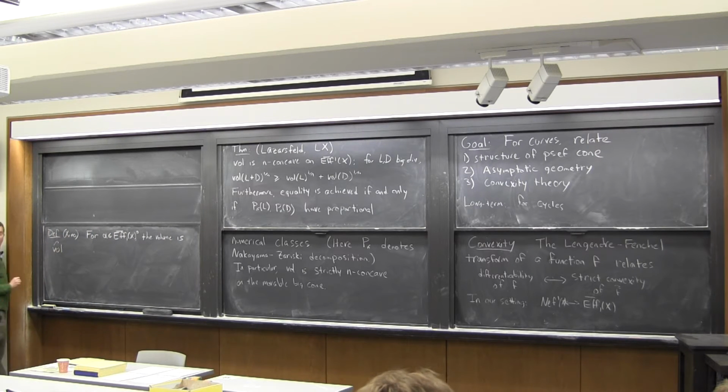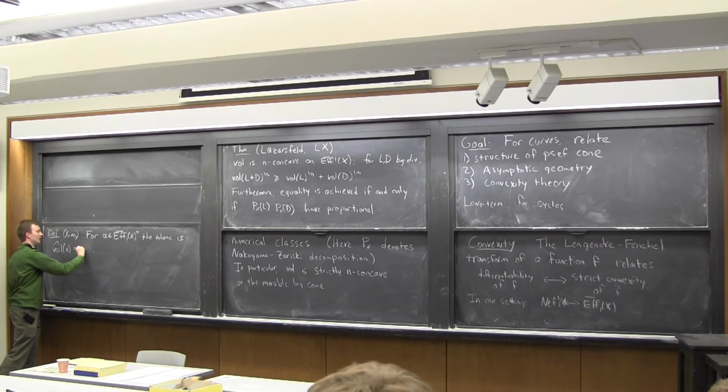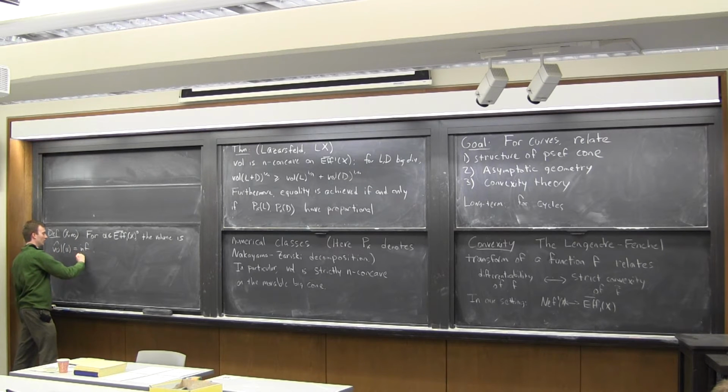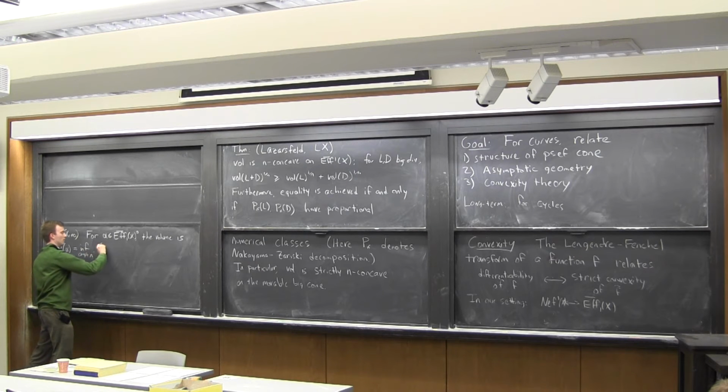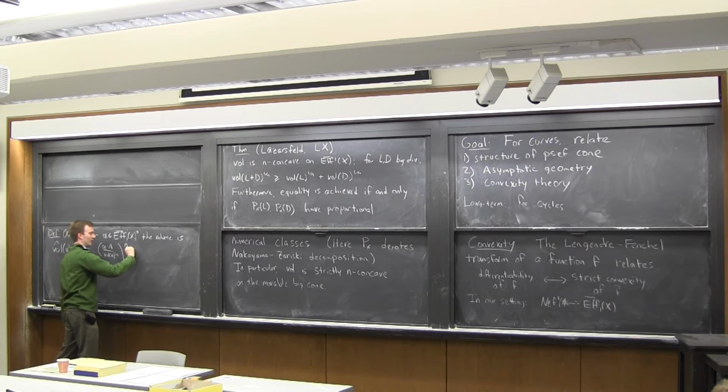I'm going to denote the volume of a curve with a hat, just to remind us that it's the volume of a curve and not the volume of a divisor. We'll define the volume of alpha to be the infimum over all ample A of alpha dot A over the volume of A to the 1 over n, this whole thing to the n over n minus 1.